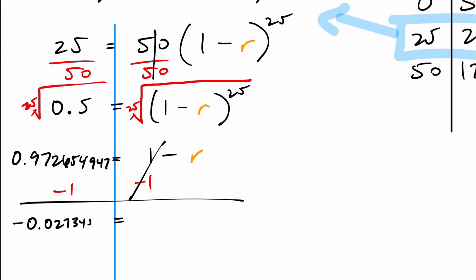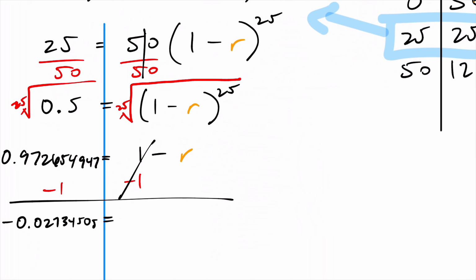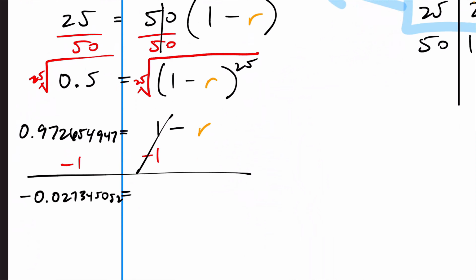If you can't read my handwriting, just look at your calculator. It's right on your calculator. Is that r? That's negative r. Negative r means negative 1 times r.